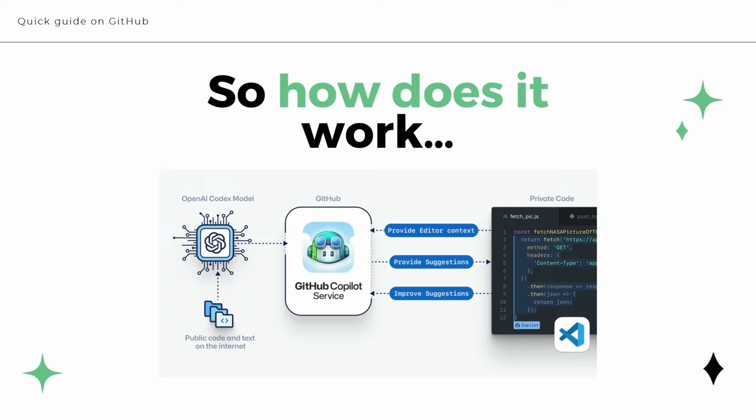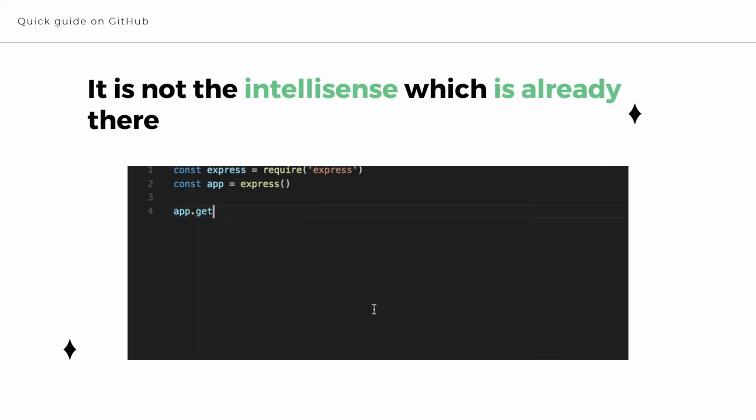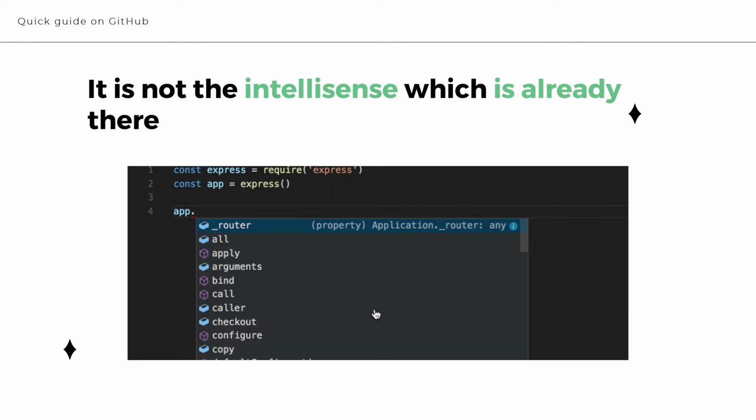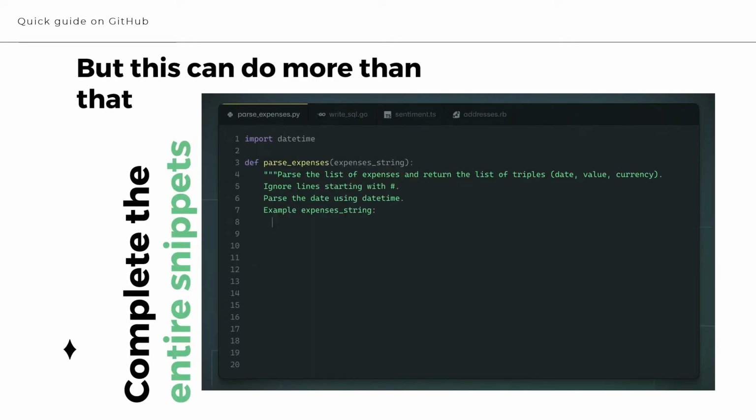It also gives multiple choices to choose from, to improve the workflow and ease your work. It is not the IntelliSense we were using in Visual Studio Code, because IntelliSense gave suggestions according to the syntax we were writing, helping only to figure out the next word that suits our workflow. But this can do more than that.